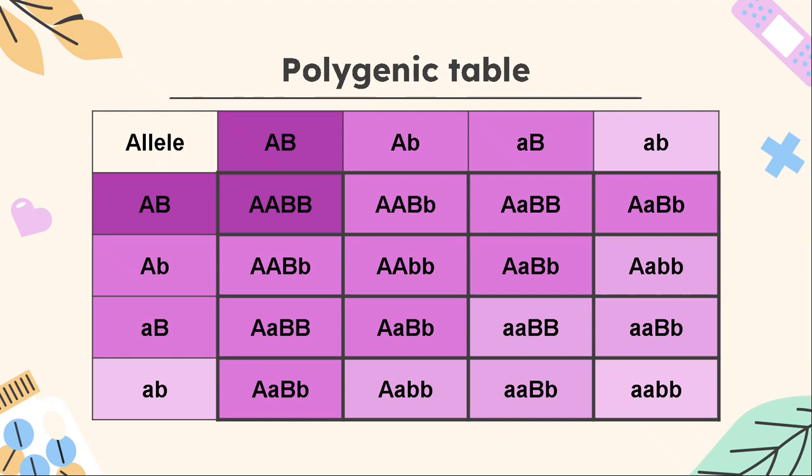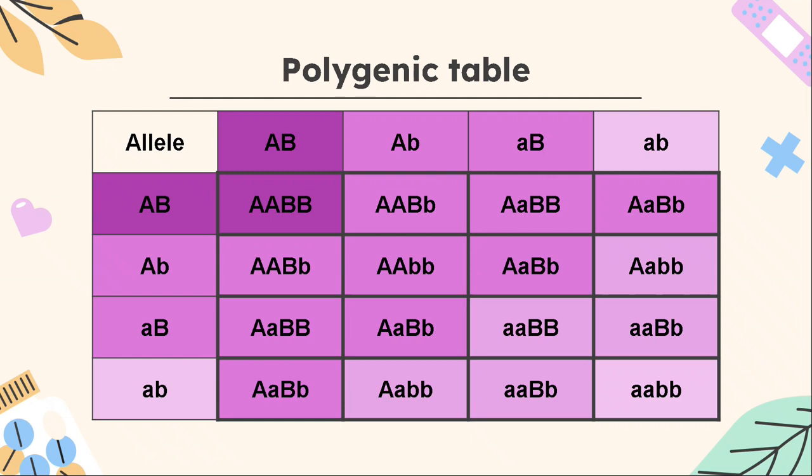Take a look at this polygenic gene table. You can see that there are dominant and recessive alleles on the side, and in the middle of the table is the mix between those alleles. The darker the box is, the more dominant the traits are.